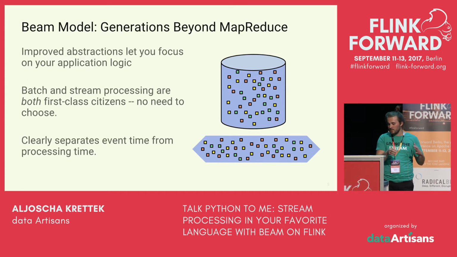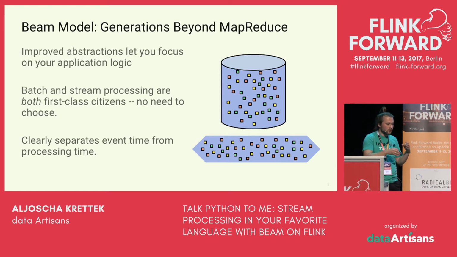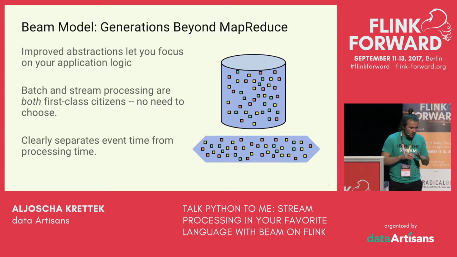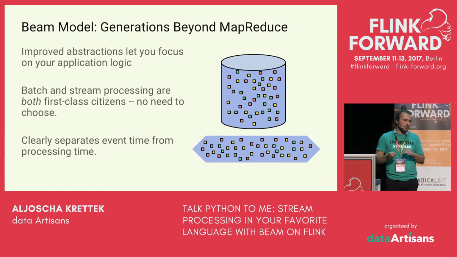But now Beam is the culmination of all of this, and it's batch and streaming at the same time, so you can use the same program to execute batch applications and streaming applications. And another interesting thing is there's a very clear separation between processing time and event time.